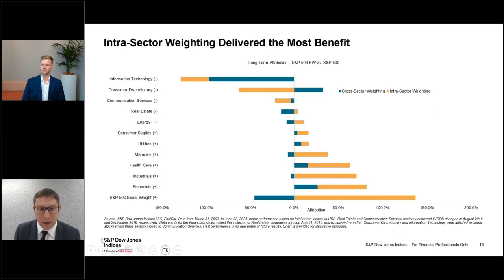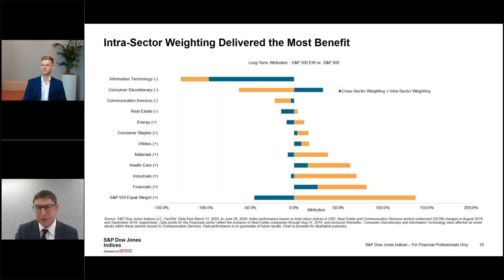One thing to acknowledge before we move on: in understanding the short-term performance of the equal weight index, it's often quite useful to look at sector perspectives. Historically, for example, during the technology bubble, the cap-weighted S&P 500 had a very large allocation to technology.